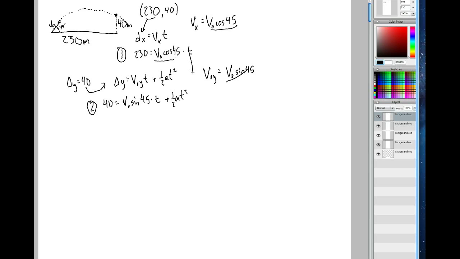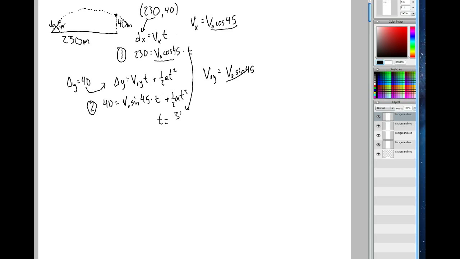So time equals, okay, cosine of 45 is just a number. So what if I go 230 divided by cosine of 45? Well, that gives me 325.26. Let's go 325.27.